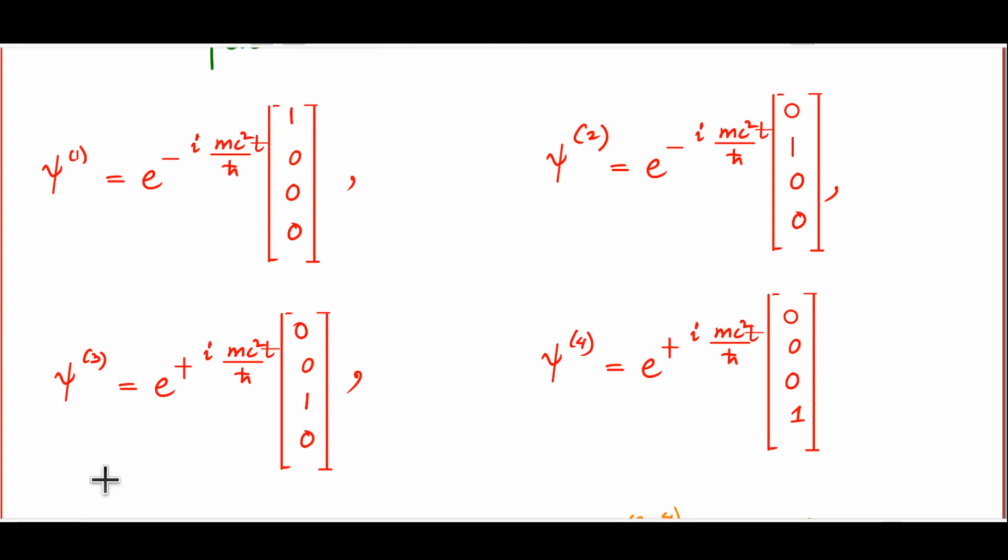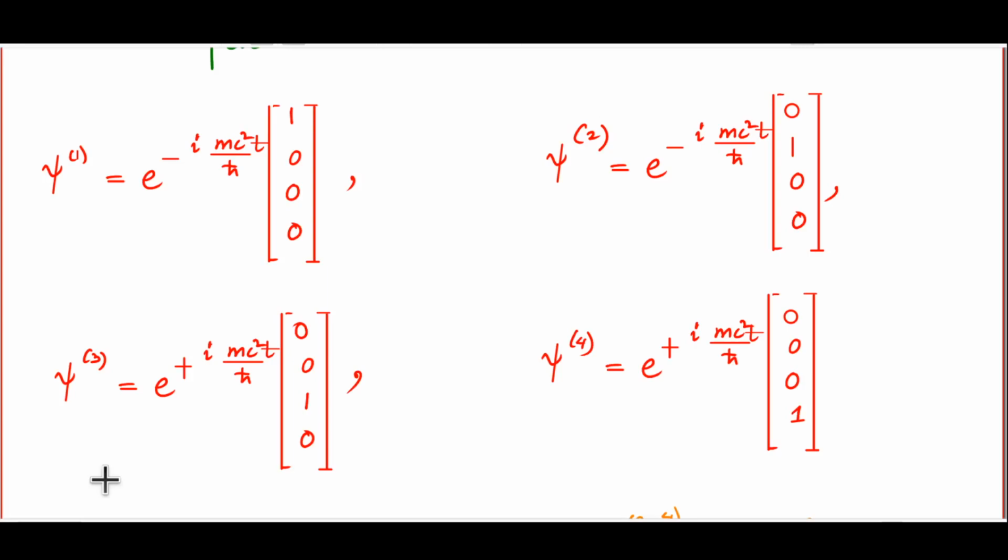The important point here is the prefactor which dictates time evolution in these two cases is given by e to the plus i mc² t by h cross in both cases. There's a plus i mc² t by h cross in the exponent, and that rather obviously corresponds to an energy of minus mc².